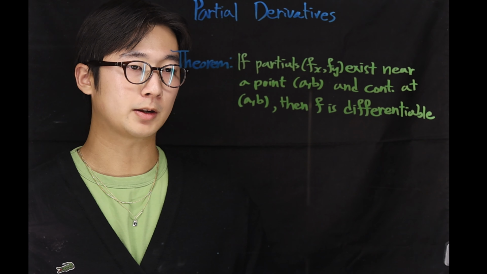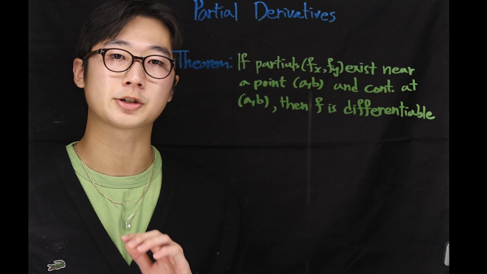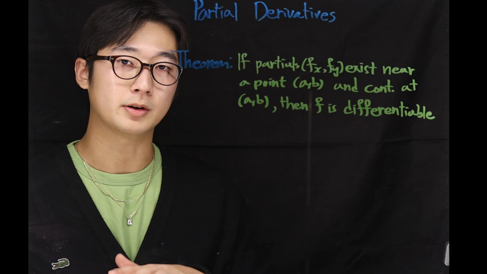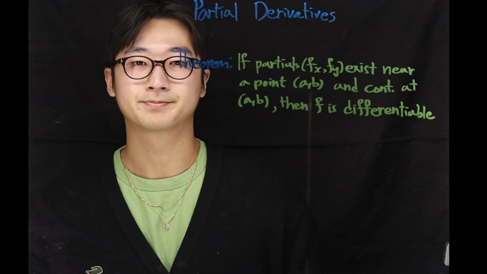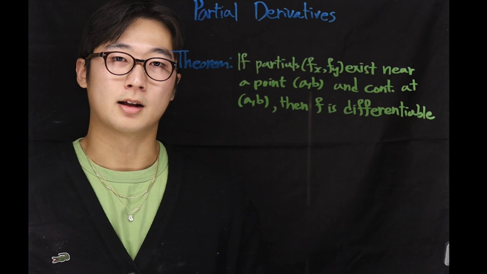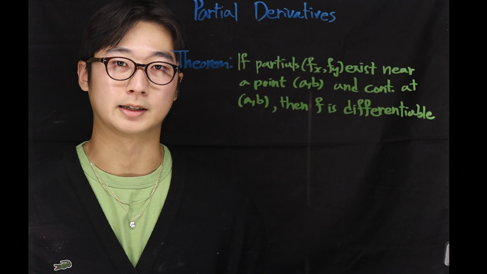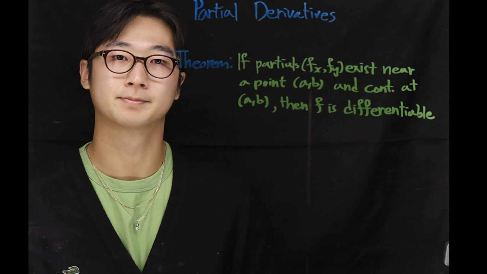So we can draw a unique tangent plane at that point of the surface, so it is differentiable. It is such a useful theorem, and it sounds pretty interesting. So I wanted to share this, but you don't have to memorize this.